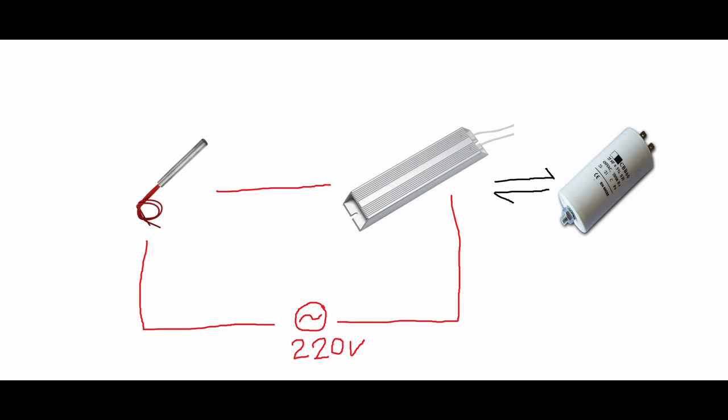This capacitor has an impedance of 127 ohm at 50 Hz. So the power is shared between the heater and the capacitor. The capacitor will barely heat up. You need at least a 250 volt rated motor run capacitor.